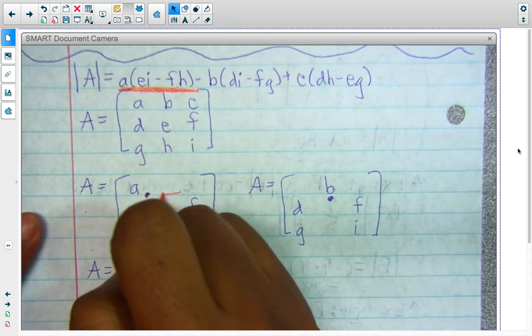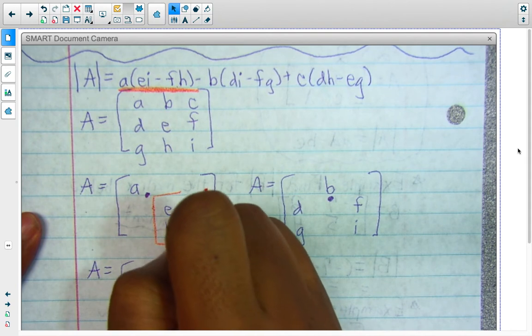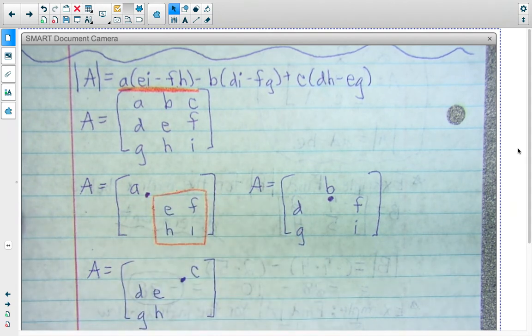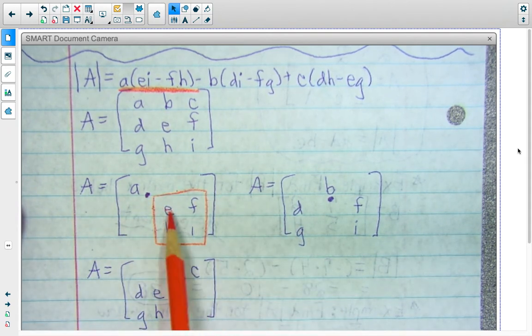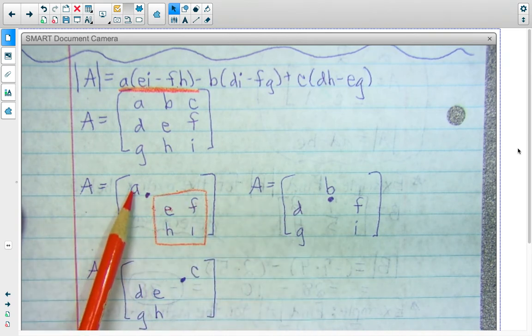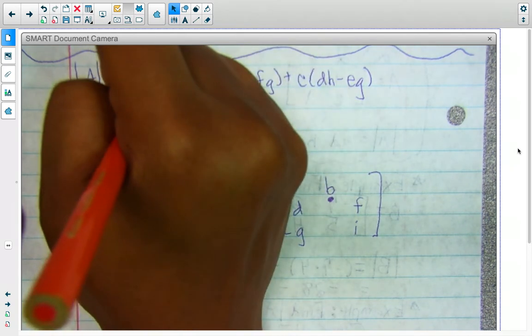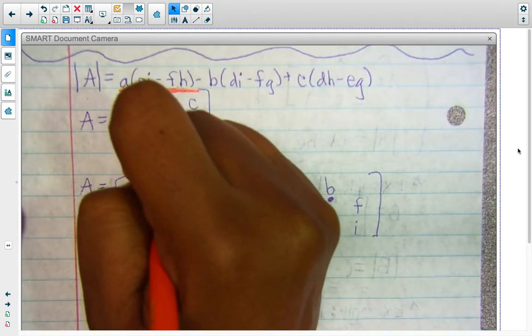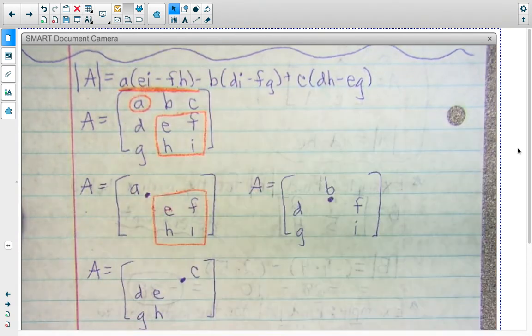This is still the 2 by 2 matrix that we just learned how to do. We just found that to do a 2 by 2 matrix, you crisscross this way and crisscross this way, but you're using the first number in it. So I'm taking this A and I'm multiplying it by this 2 by 2 matrix here. Now I'm going to use green.